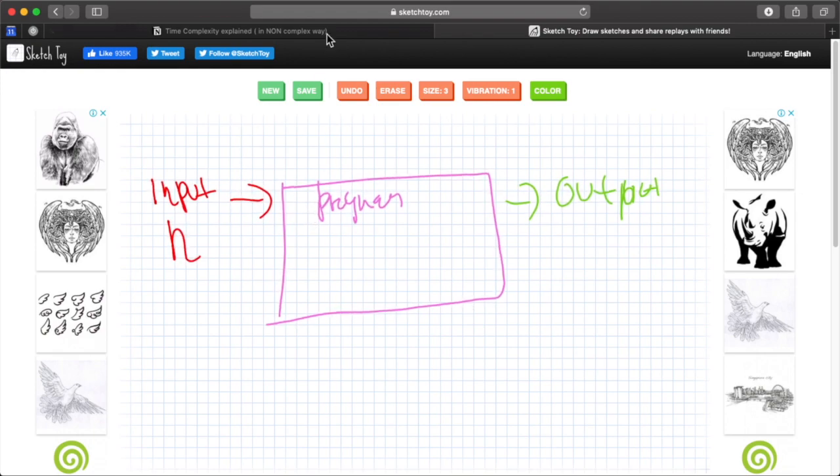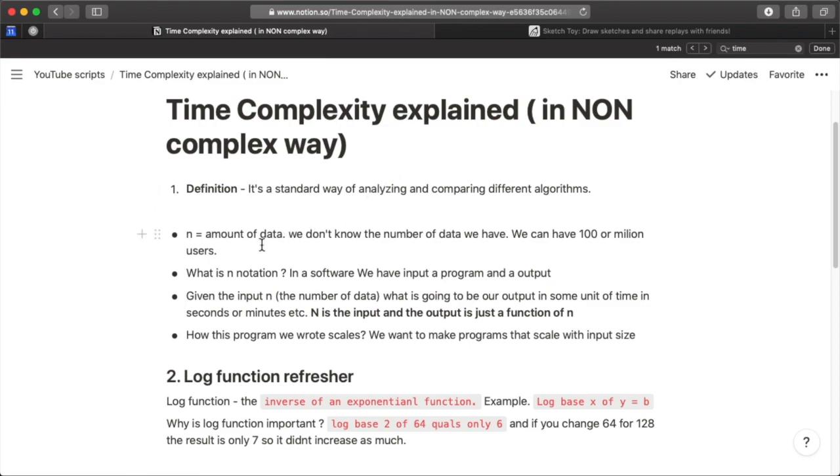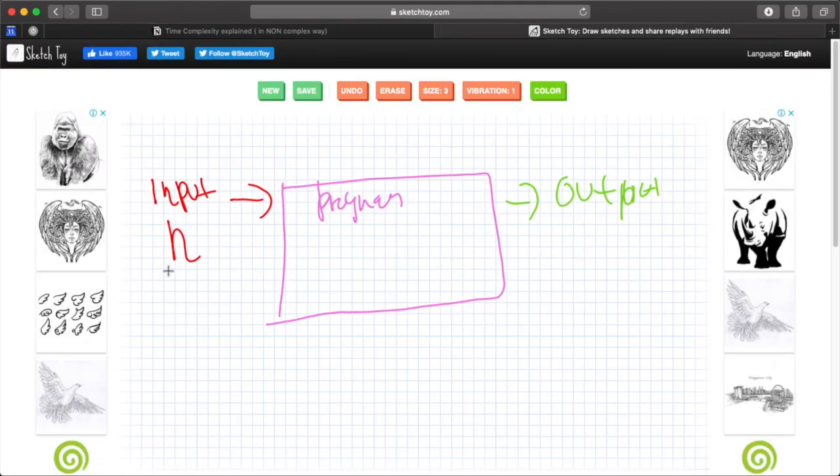And basically what we are comparing here, how we compare algorithms, is we take this input, as I said before, some number n, and we want to know how much, basically the output is a function of n again.